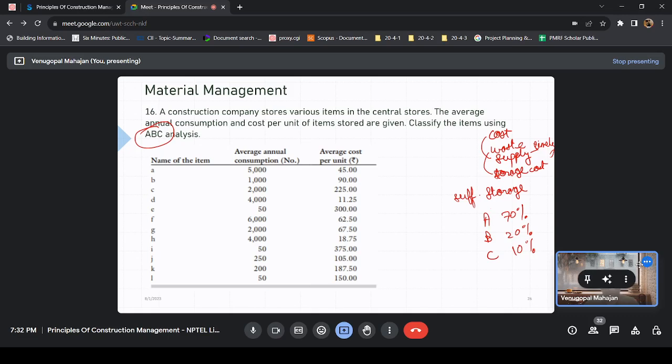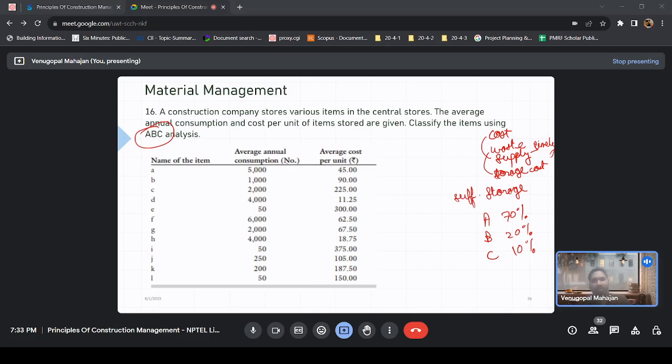And you would delegate less important items, or if some item is required very little, you would say, okay, let's just store it for the whole duration. So classifying this, ABC is one of the inventory control tools. We will see some more tools here. So what is the step now?